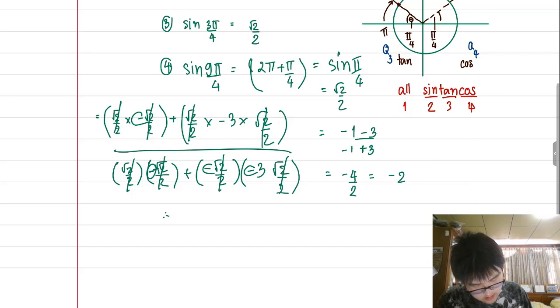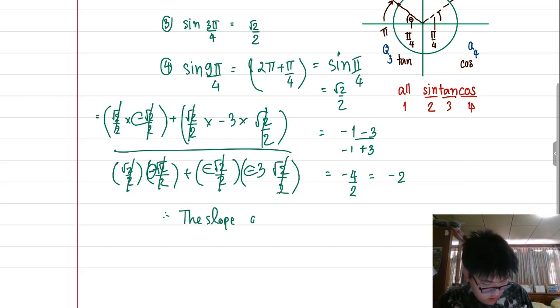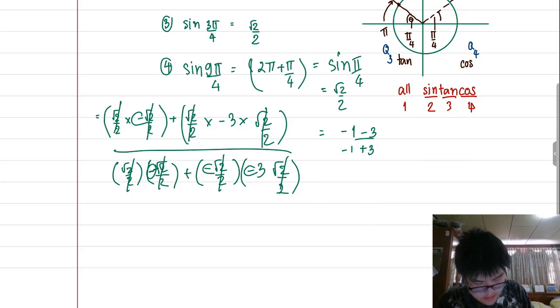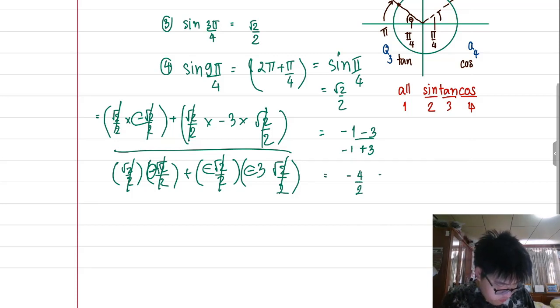Then the slope of the tangent line to the curve: we get negative 4 over 2, which is negative 2.